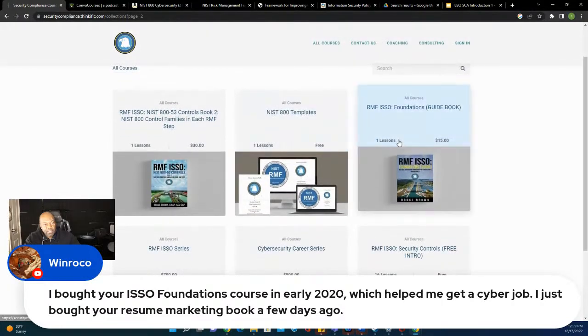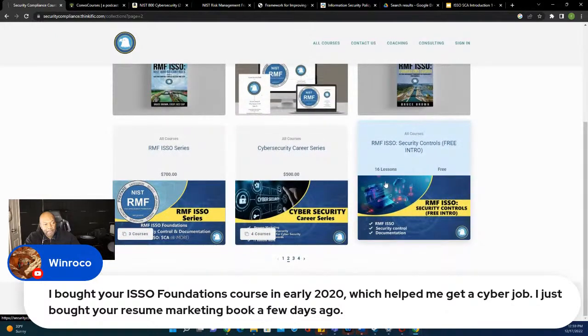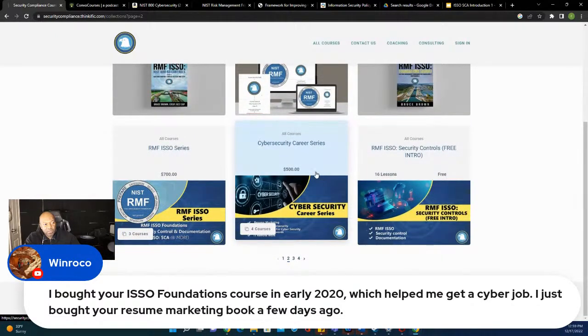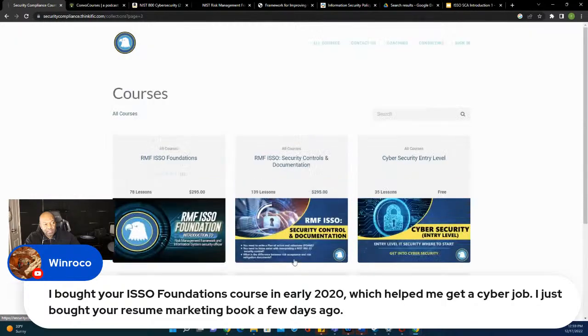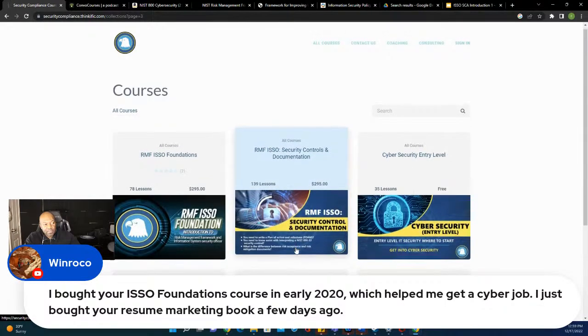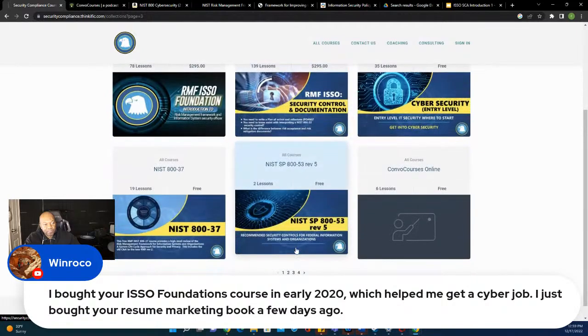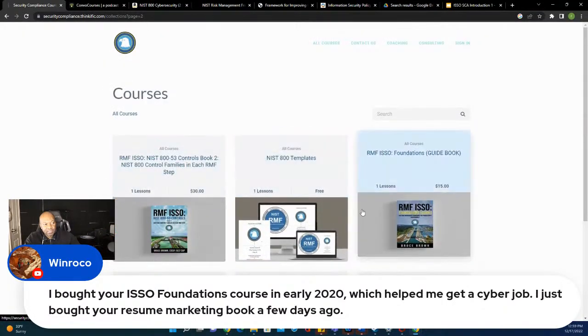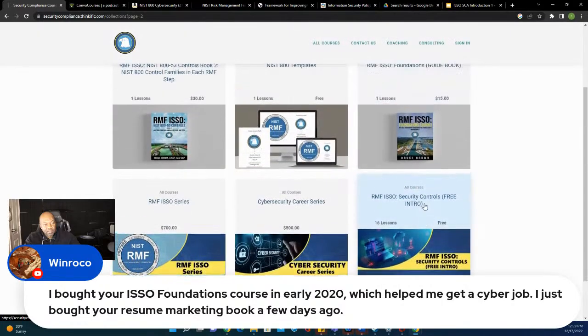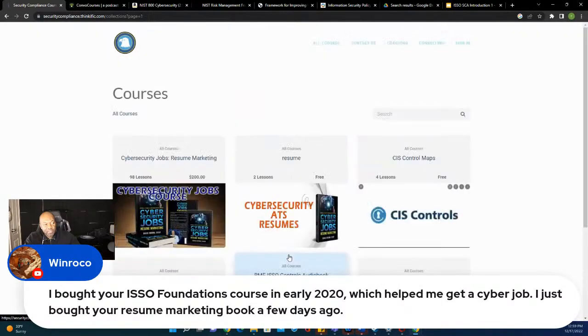There's the book. Here's the book right here. I'm looking for the course because the course breaks down exactly what's going on. I probably passed it like 15 times. Okay, I think it's on page 1.